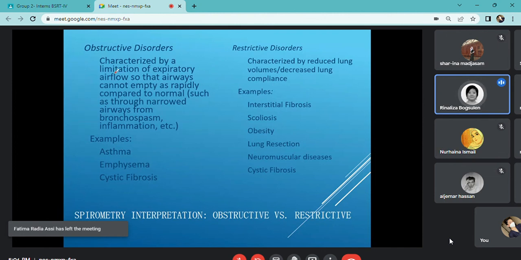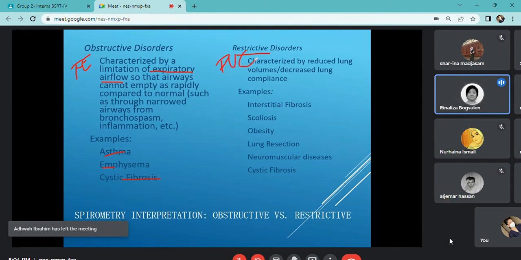So, summary. Okay, summary. Obstructive disorders, there is a decrease in your FEV1 over FVC ratio because that is the hallmark of your obstruction. Plus, airflow limitation. Okay? So, nagdi-decrease yung flow rates mo. Okay? Examples of this one, you have asthma, COPD, cystic fibrosis. In your restrictive disorders, you look at your FVC.